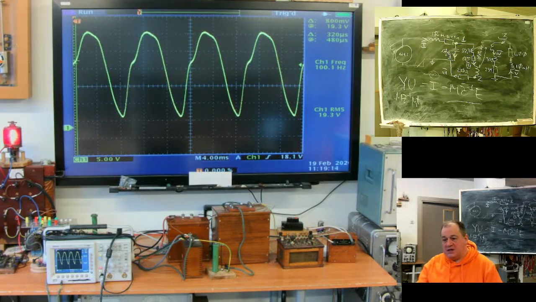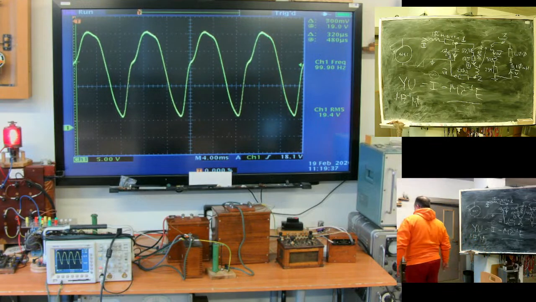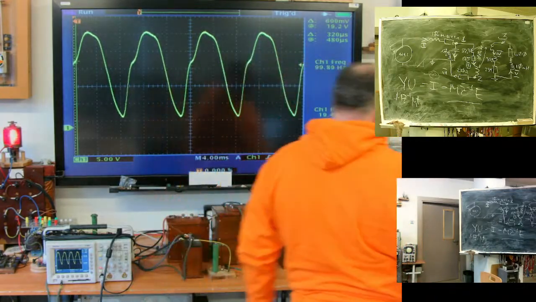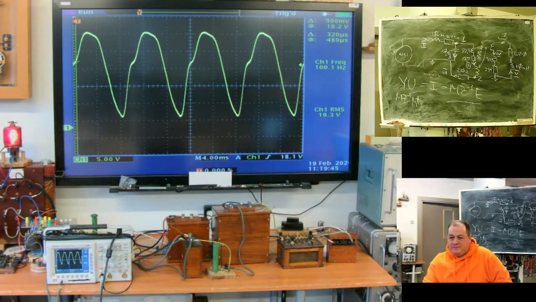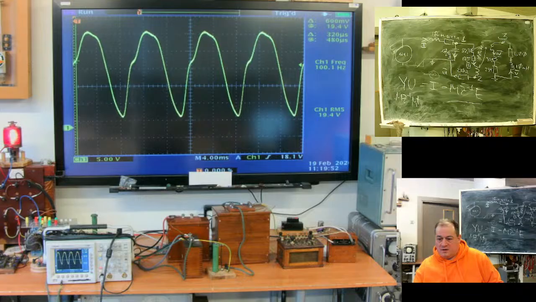The step is a bit different. If here I have pause, 1 second.